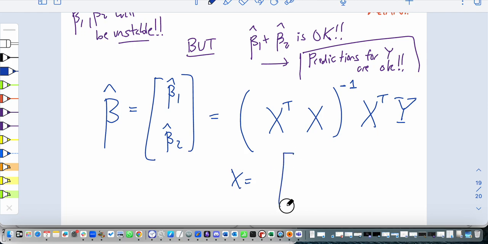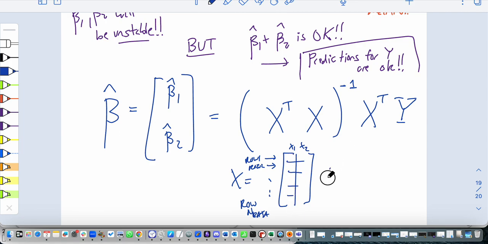X is x1, x2, and here are the row 1, row 2, all the way up to row n data. So x is the matrix, which has a row for every single data point, and it has a column for every feature. Just like when you do a pandas data frame, it's this matrix. So it's an n data by 2 matrix.